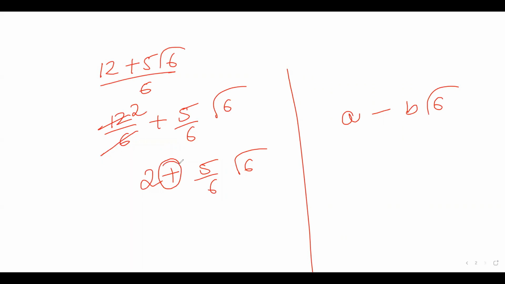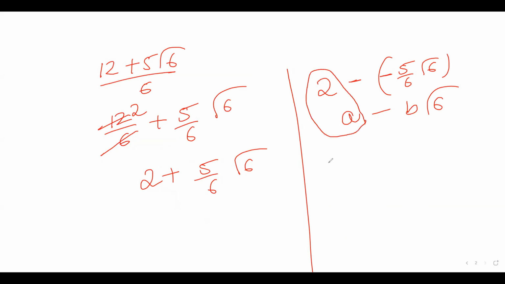This plus can be written as minus into minus. Is it okay to write plus as minus into minus? Yes. On writing like this, after writing, you can easily compare. You will have a value 2.